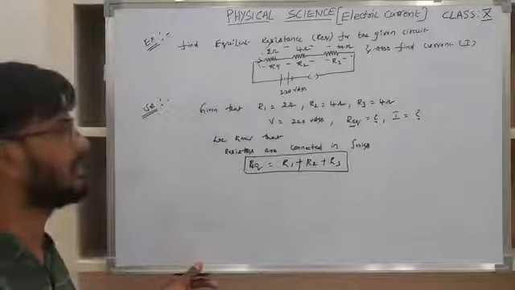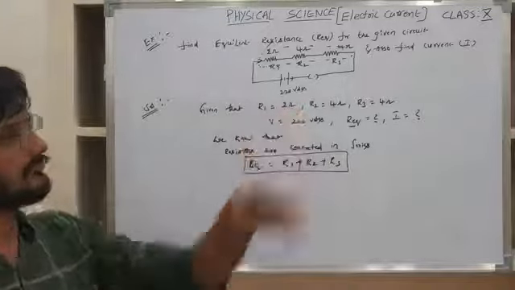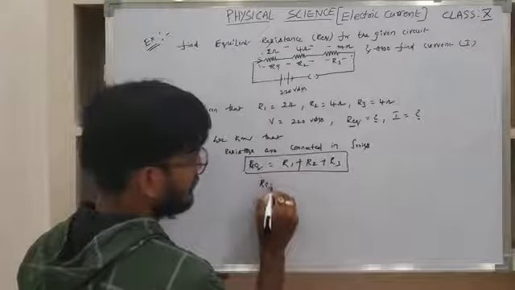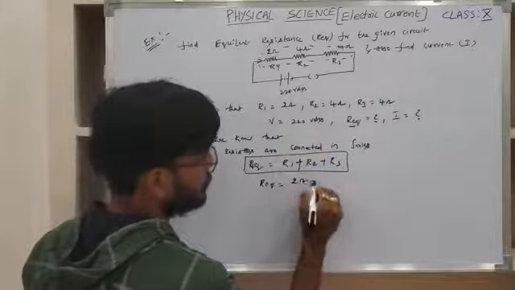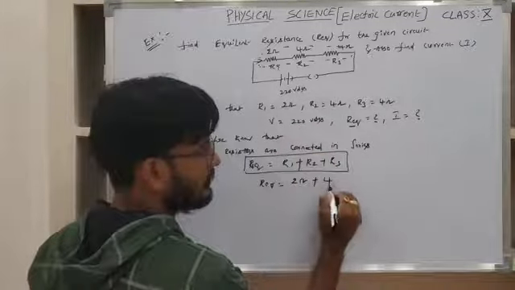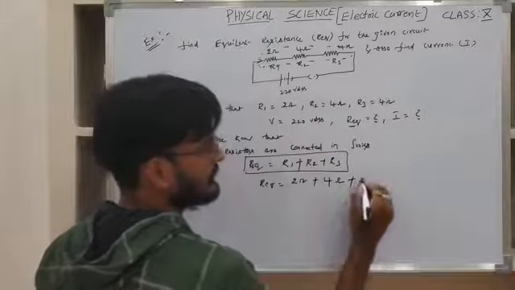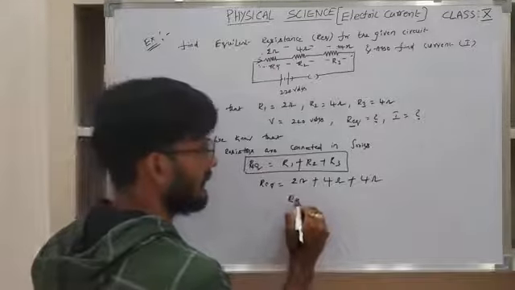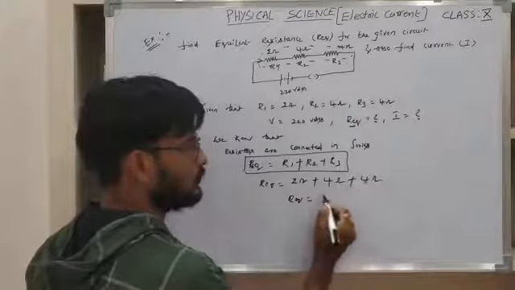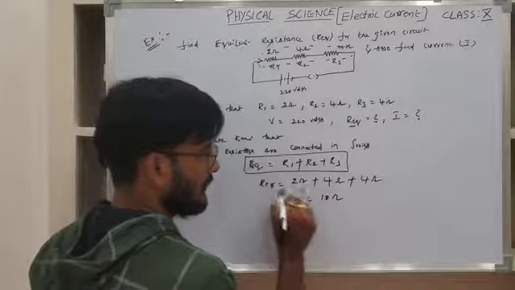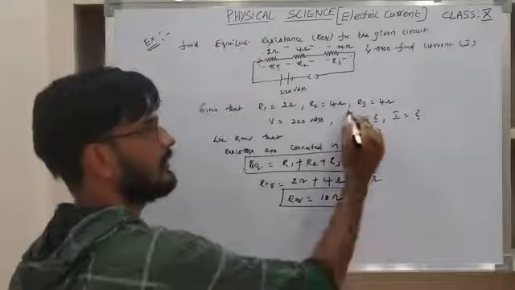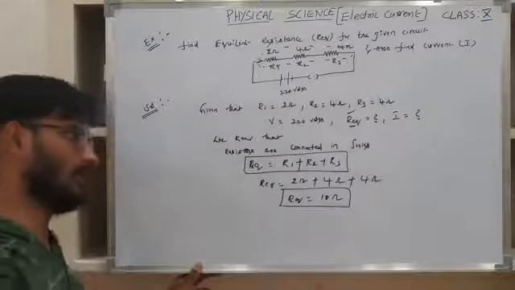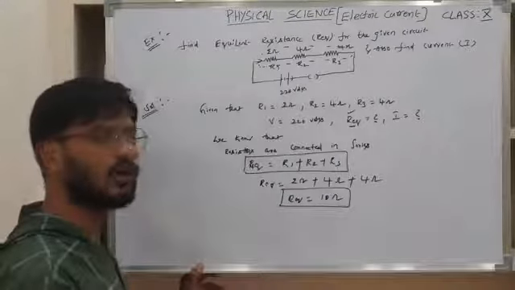Already we know the resistance values: R1 is equal to 2 ohms plus R2 is equal to 4 ohms plus R3 is equal to 4 ohms. So total how much resistance? R equivalent is equal to 4 plus 4 plus 2, so 10 ohms. Finally we get R equivalent. So the first parameter is over: R equivalent is equal to 10 ohms.